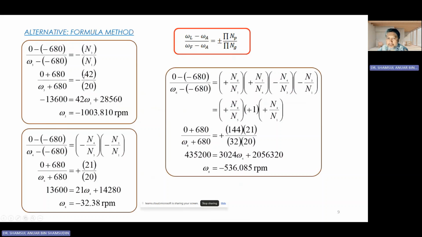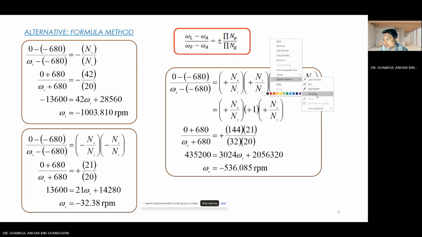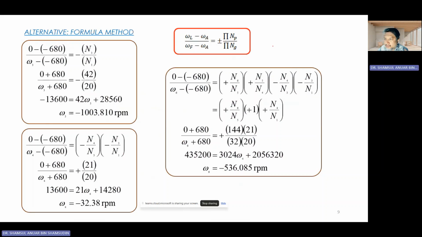Actually it goes both ways. Even if you say you flip this, the last one will be omega 3 minus omega 2.